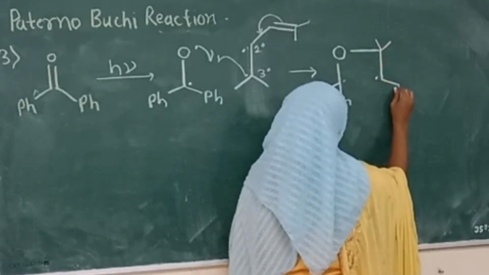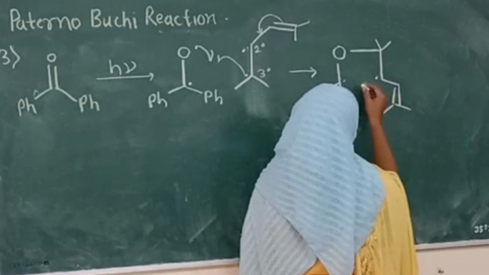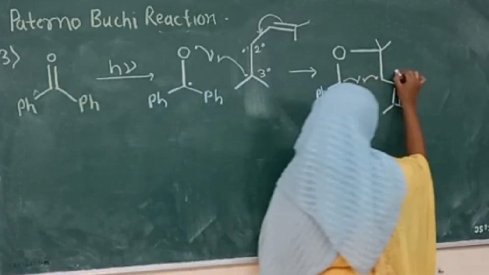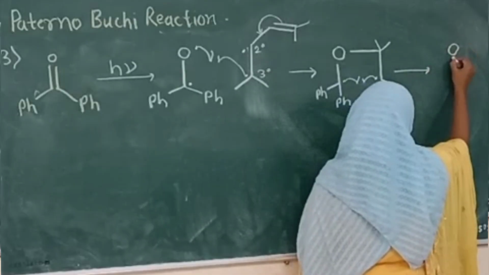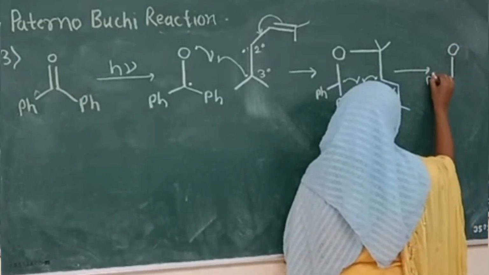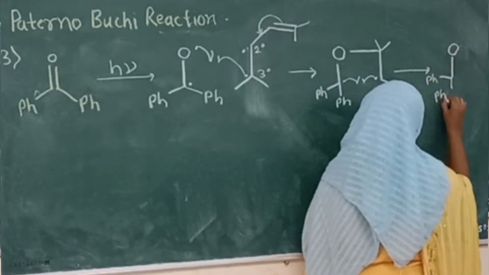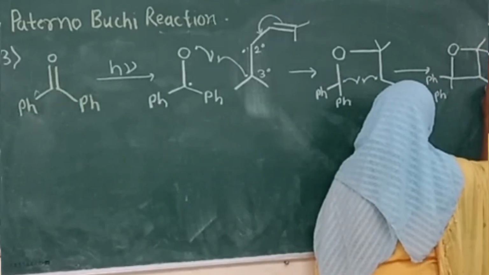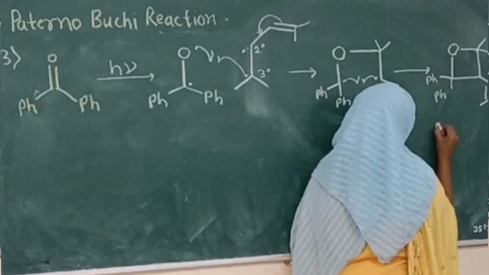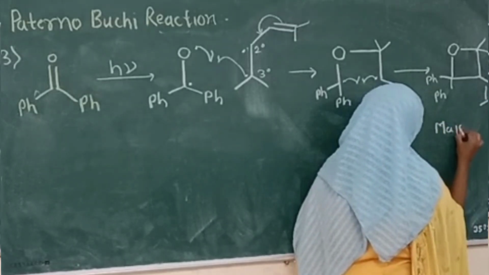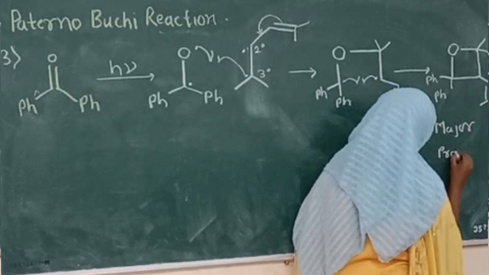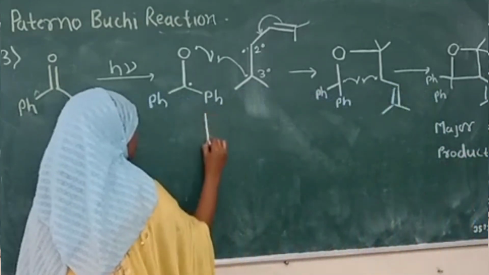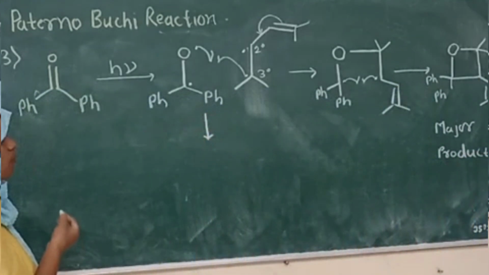Then these two radicals recombine, and then the oxetane is formed, which is our major product. Now we see how the minor product is formed.